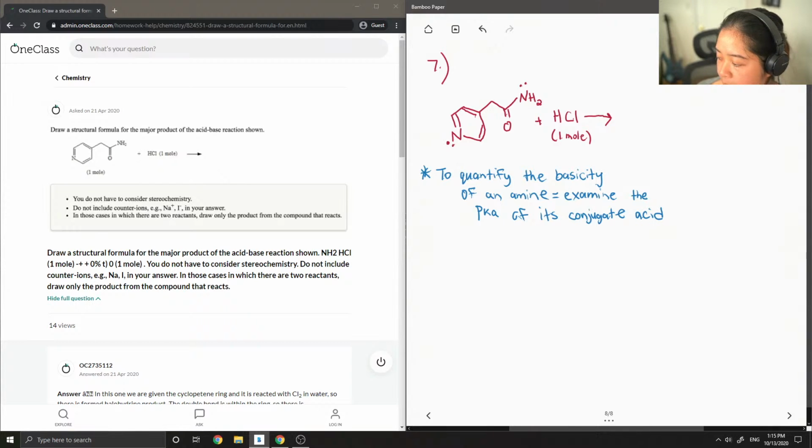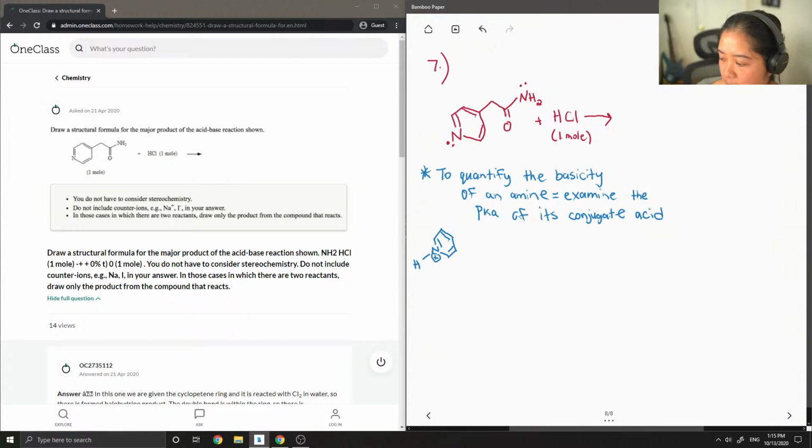So again, in order to find out which base is stronger, we want to look at the pKa of its conjugate acid. So I'm just going to draw out what these conjugate acids may look like. So in the case of pyridine, which I'll draw here, it will look like this.